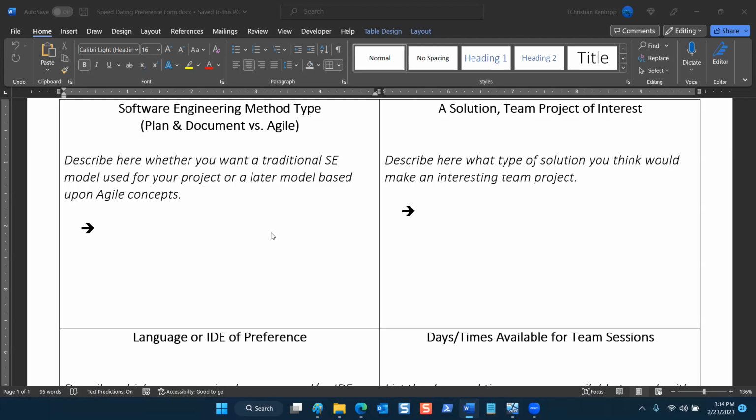Now you're going to get better with each explanation. So by the time you get to the 3rd person in this, you should know exactly what it is you're saying about this. The goal is to flesh out whether we're dealing with a traditional software engineering model or an adaptive model. And that's the first thing we want to settle.